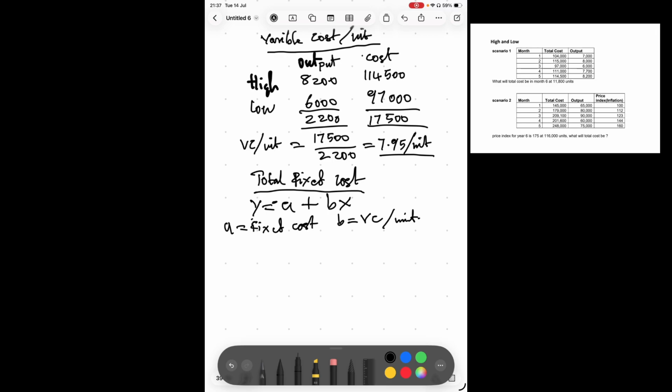We can use any of these observations. Let's use the high, or if you use the low, you still get the same answer. If I use the high, y stands for total cost and x stands for output.